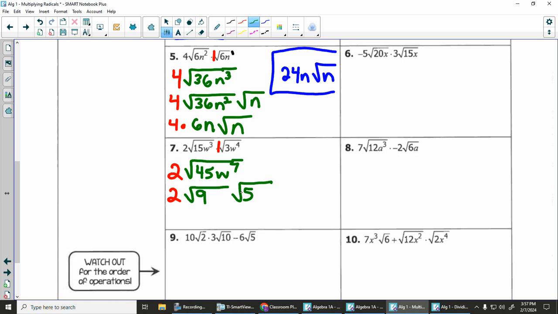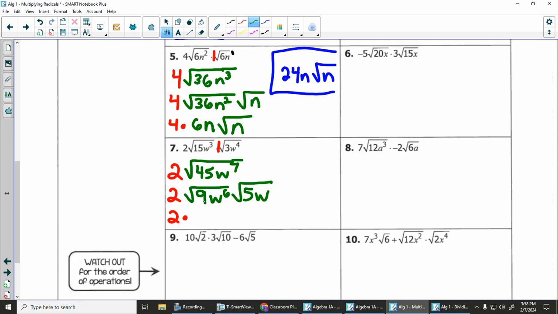For my variables, again, we want to see even exponents. 7's not even. So the closest even number for my exponent without going over, that's going to be a 6. So we have w to the 6th. And we have one more w that we need to get us up to 7. So now we're going to bring down that 2 in front, multiply it by the square root of my radical here.